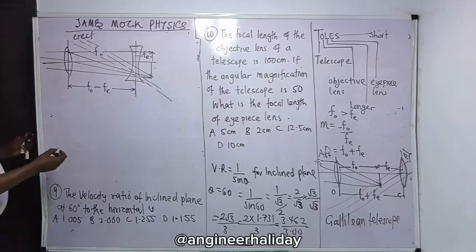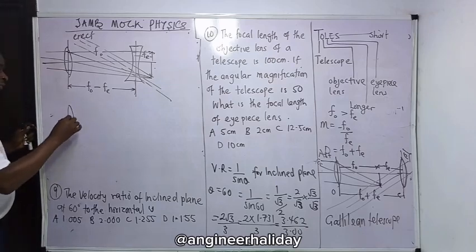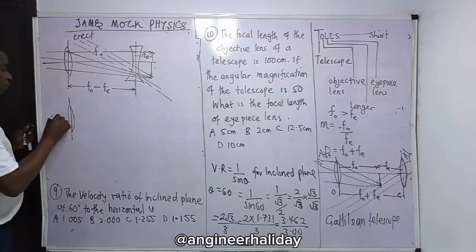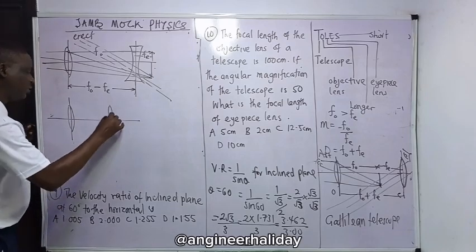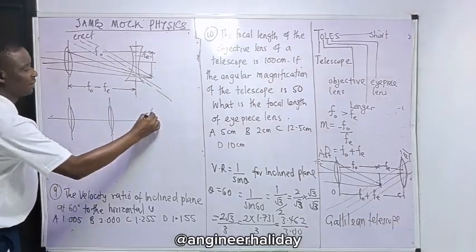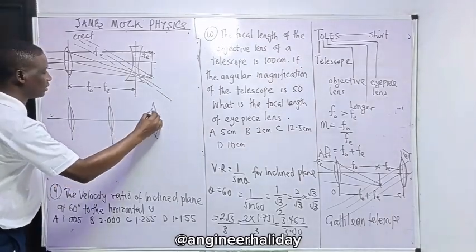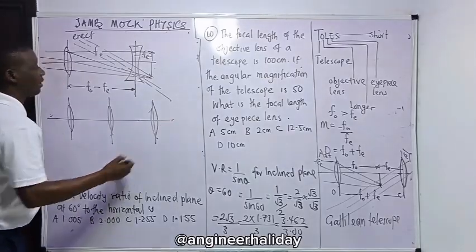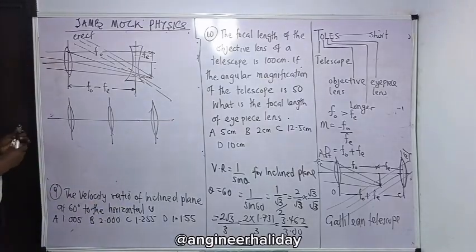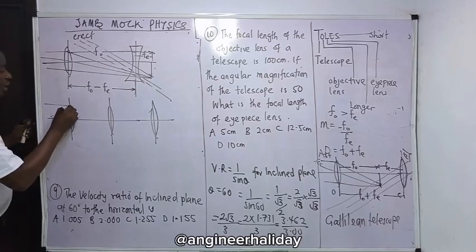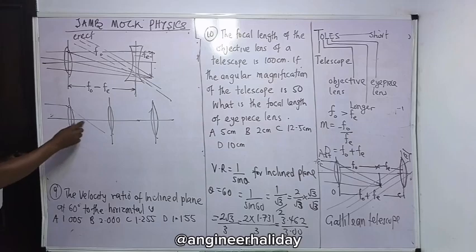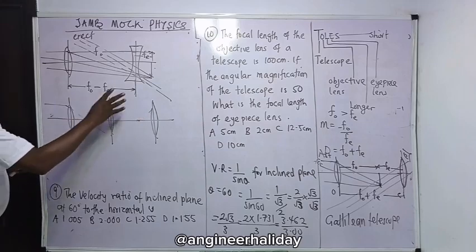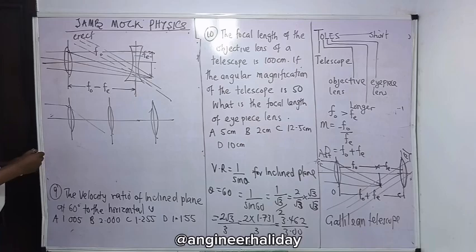But we have a better telescope which you call a terrestrial telescope, which uses three lenses. One is the erecting lens, the other is to take the image, and the final image will be erect.